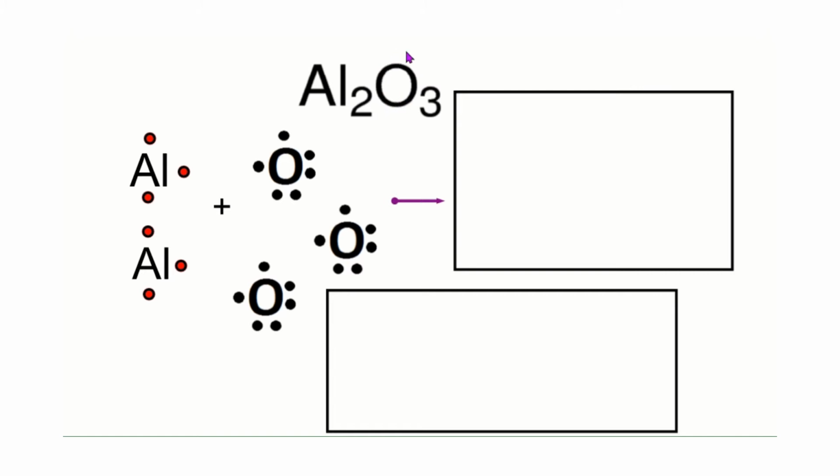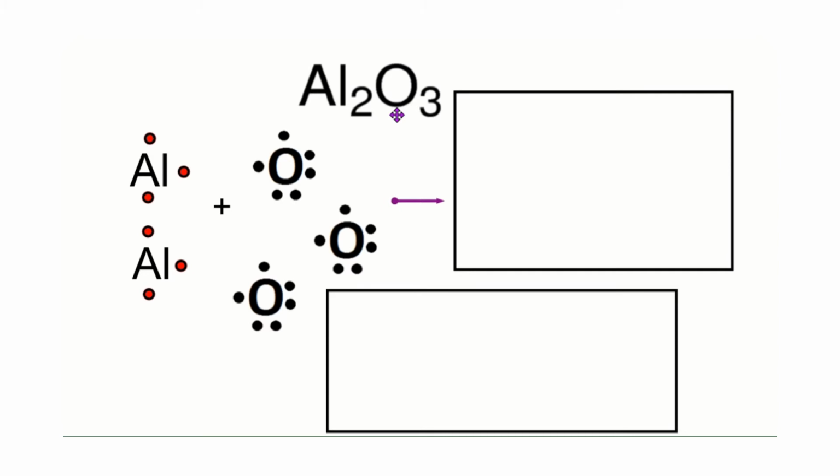I've taken the 2 down from the top of the oxygen to be there by the aluminium, and I've taken the 3 down from the aluminium there by the oxygen. And so we get Al2O3. That means I've got 2 aluminiums involved in this bond, and 3 oxygens.